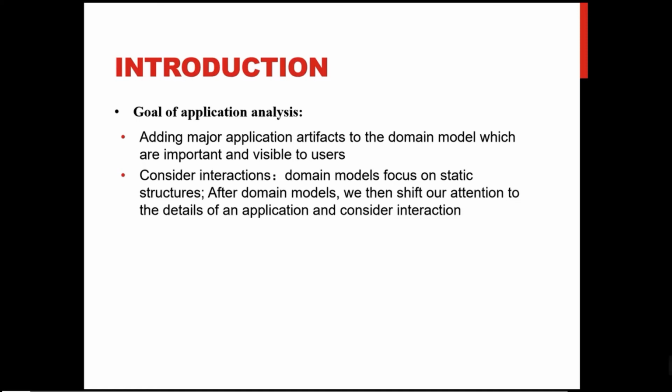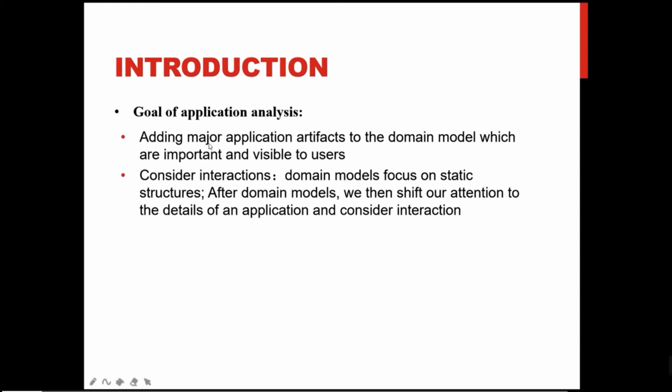So besides the static structure, the interactions among objects and between the object and the actors are also very important. So in this chapter, for the application analysis, we will consider the interactions among objects and actors.